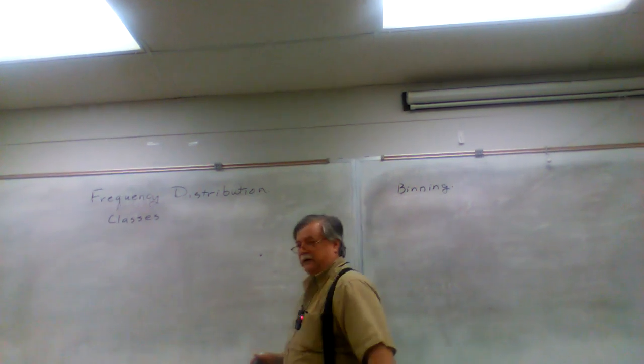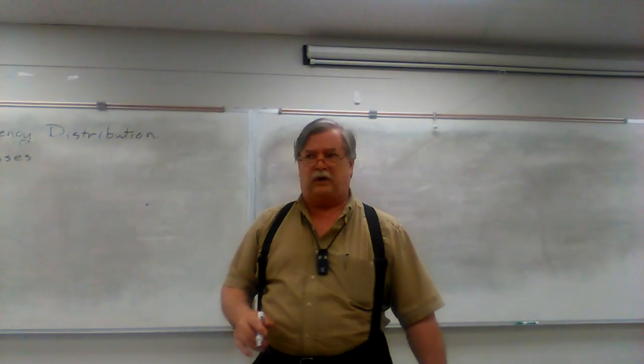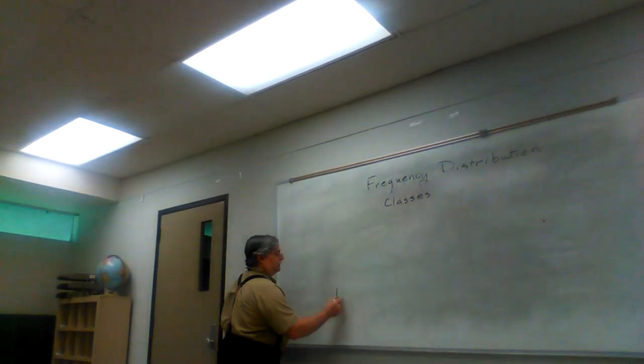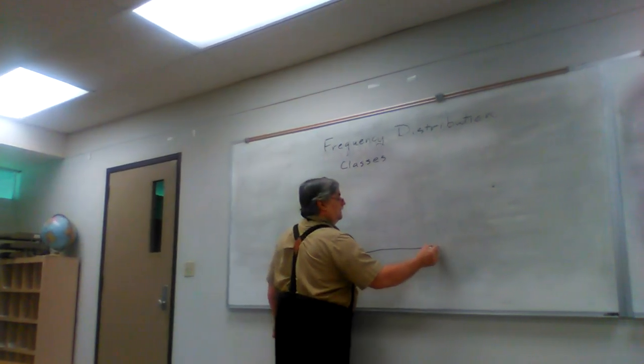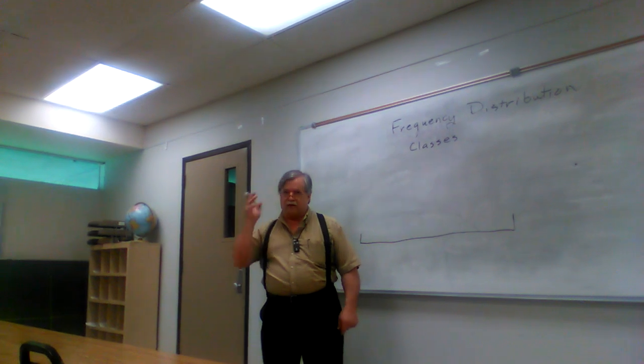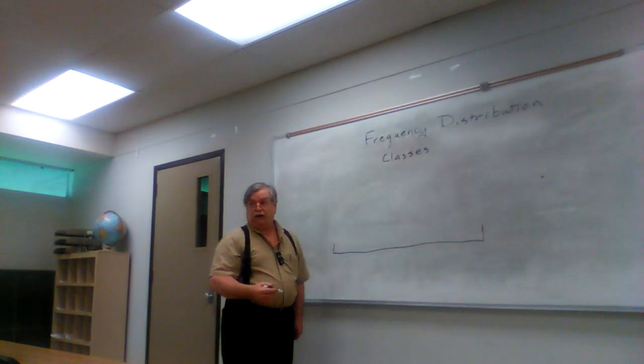I doubt that you're going to run into it in the book, but I call it binning because if you're taking a bunch of anything, you have a range of values that variable can take.